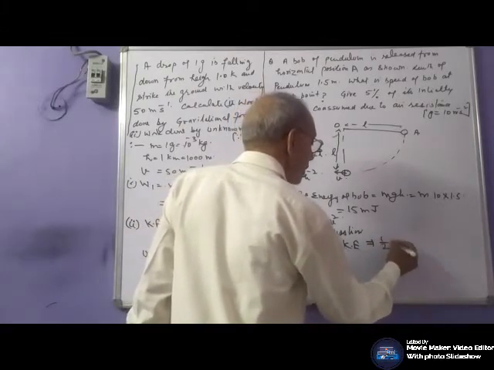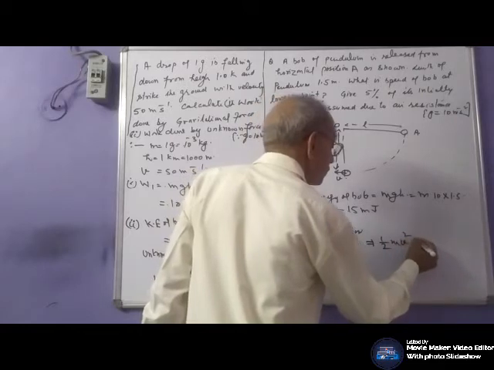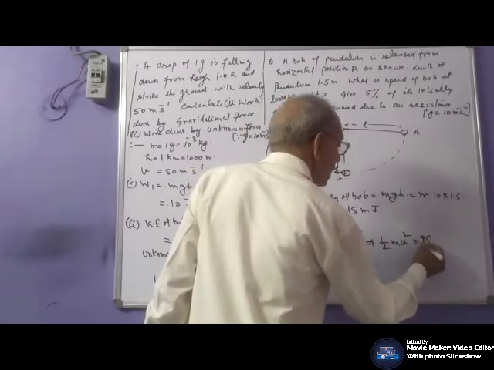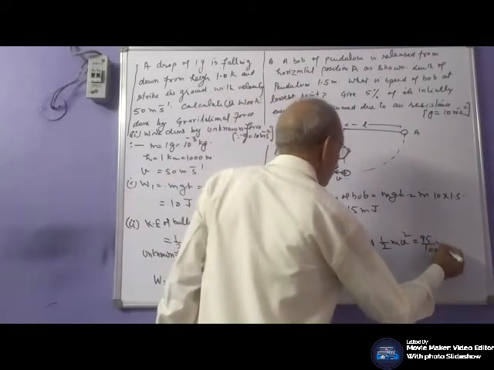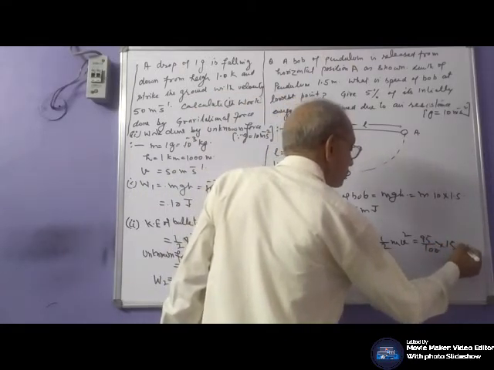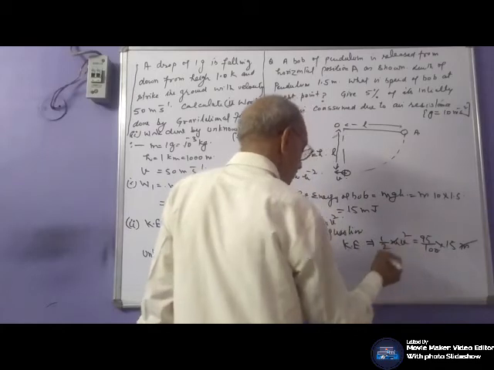Therefore, half mv square is 95 by 100 into 15 m. M goes with m.